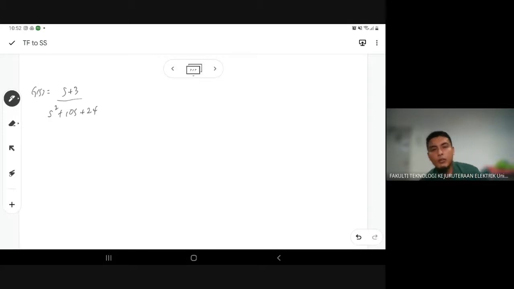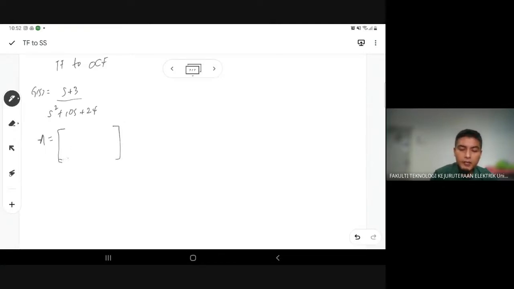I will show you the shortcut way. You must know the basic form of the transfer function to OCF. So this is negative a, negative b, negative c, and so on.